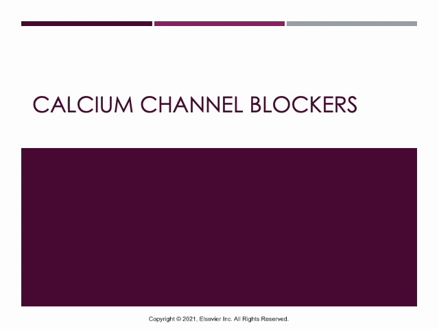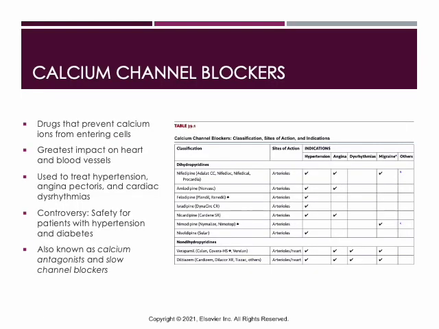Calcium channel blockers are the next classification of drugs that we can use for hypertension. In addition to treating hypertension, we also use calcium channel blockers for angina and cardiac dysrhythmias. Their effect is primarily on the heart and the blood vessels. Both categories of calcium channel blockers, the dihydropyridines and the non-dihydropyridines, will be talked about in the next few slides.